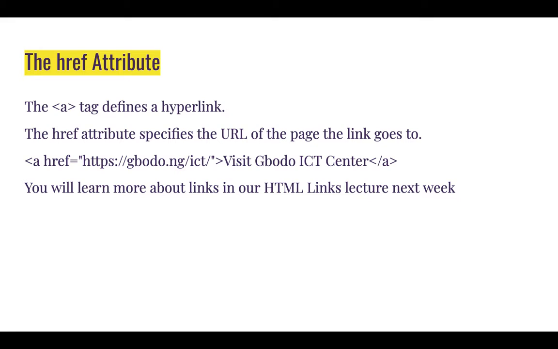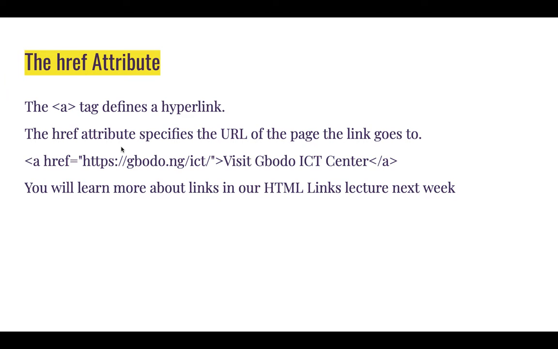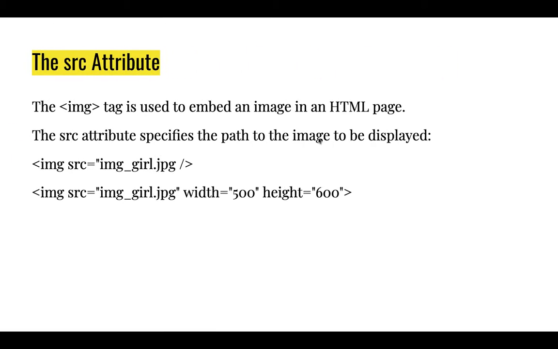So the href should contain the link to the particular resource that you want to link to. Okay, so you will learn more about links in our HTML links lecture next week.